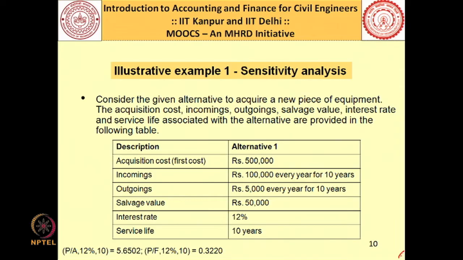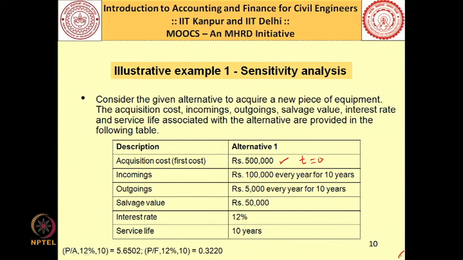It says that there is an alternative in which you have to invest rupees 500,000 at time t equal to 0. We call this either first cost or initial cost. So, the cost is 500,000, the investment that you have to make at time t equal to 0.